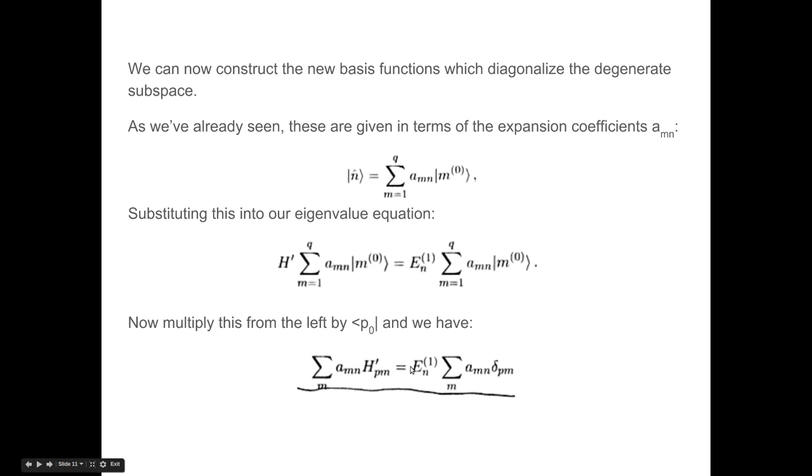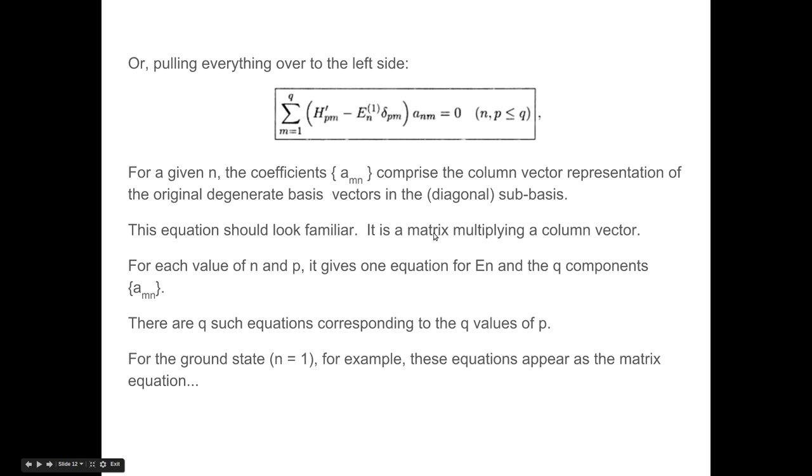Or I can pull everything over to the right-hand side, and then I can pull out that coefficient, and I get something that looks somewhat familiar: a Hamiltonian minus eigenvalues multiplied by an identity matrix. This is all within the degenerate subspace.